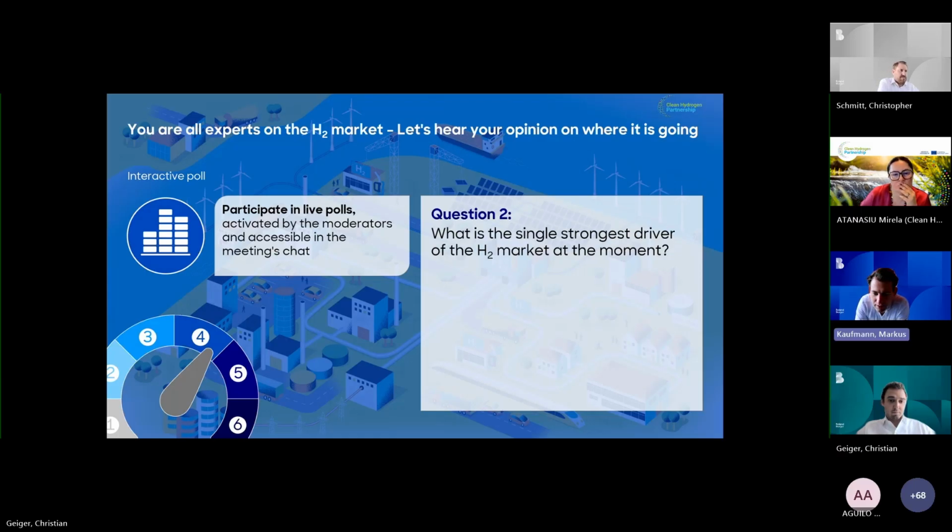Yeah, as the responses are shaping up, there's a big fat word in the middle. It's regulation. And then there are a couple of other keywords: quota obligations, RED 3, regulation and policy, RFNBO regulation, and subsidies.